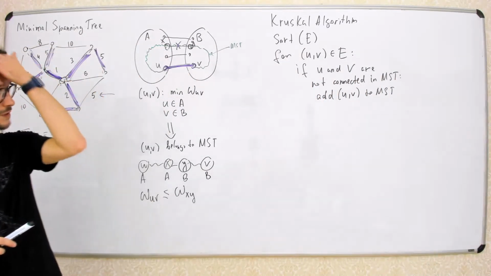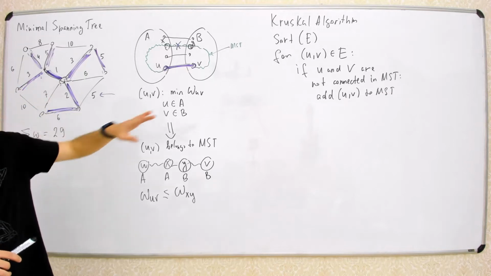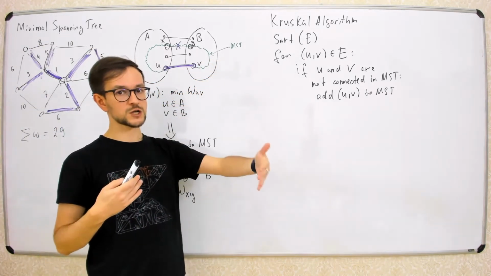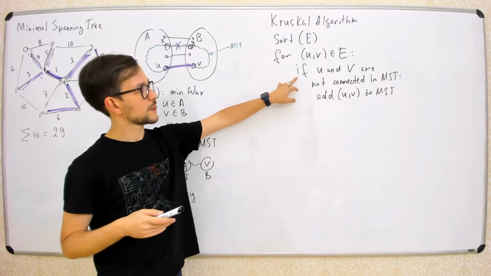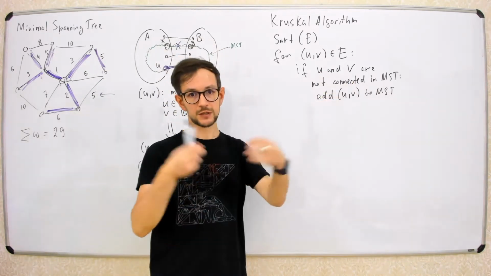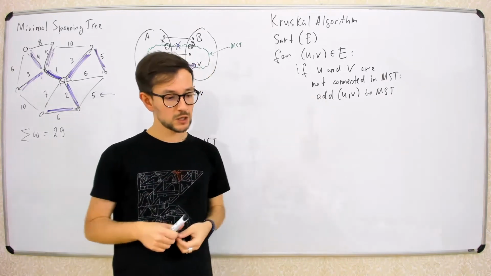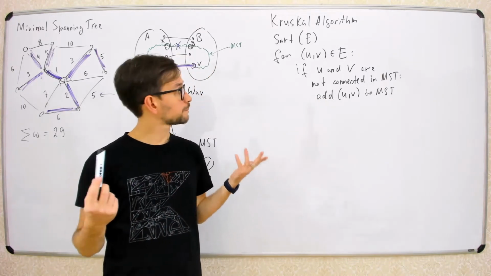That's the whole plan. That's how it works. So we sort all the edges by the weight, and then iterate over all edges in this order. And if these nodes are not yet connected by the minimal spanning tree, we add this edge and connect them using this edge. That's the whole plan.